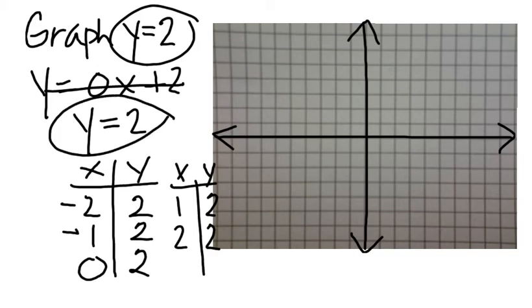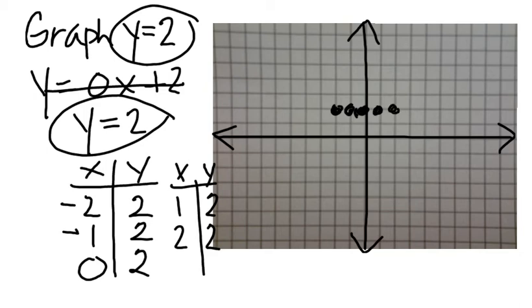So could we graph this really easy? Yes. Check this out. Negative 2, 2. Negative 1, 2. 0, 2. Y is always 2. 1, 2. 2, 2.